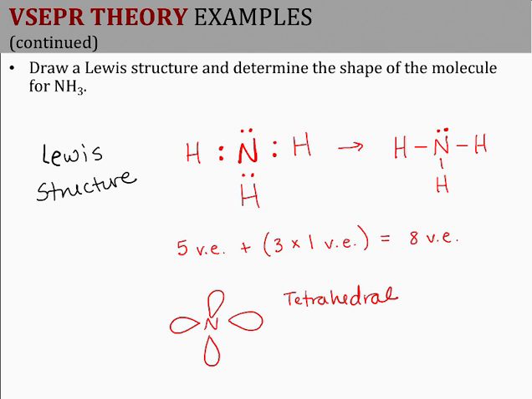So remember, this looks like a pyramid that has 4 corners. So we've got our top corner and 3 bottom corners. All right, and then second question, what is the angle between each of those electron groups?